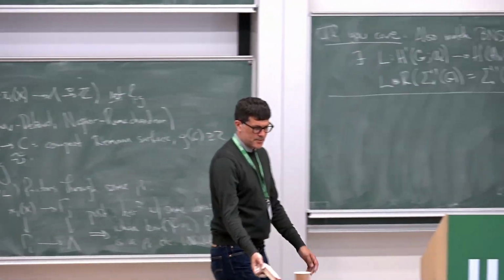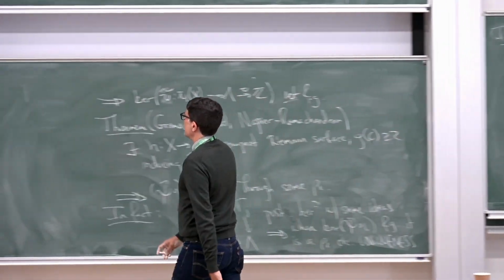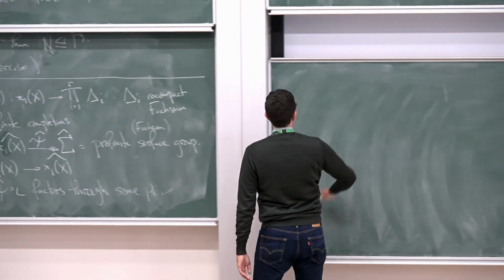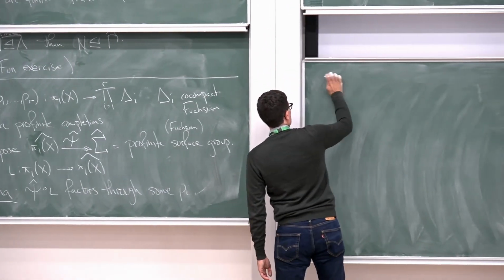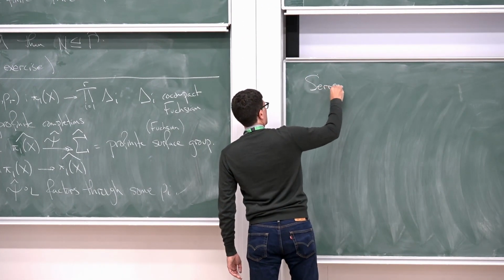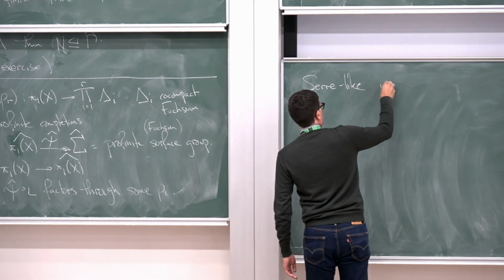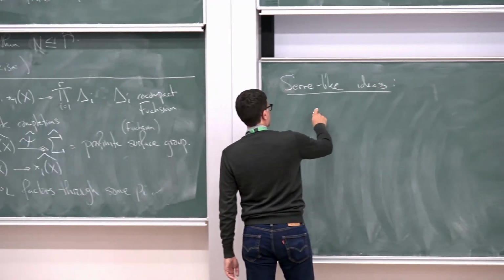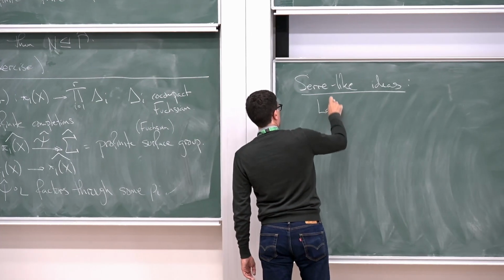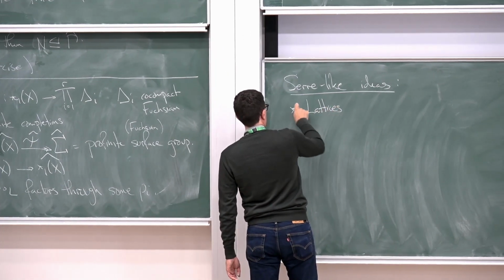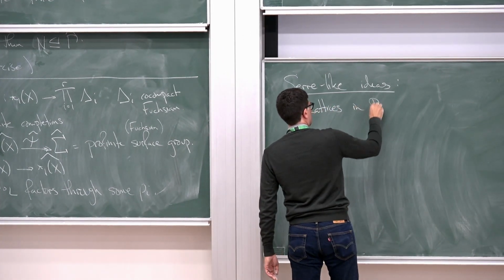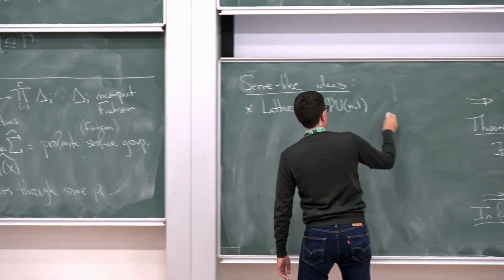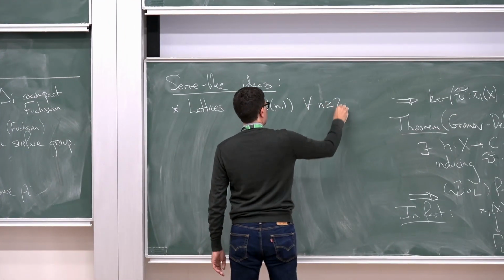And so, okay, we want to start maybe talking about profinite properties of these, profinite rigidities. So, Serre-like ideas, you can produce lattices in SU(n,1) for all n greater than or equal to 2.